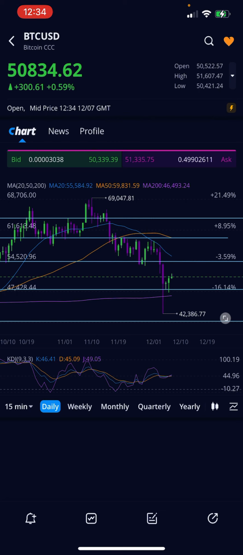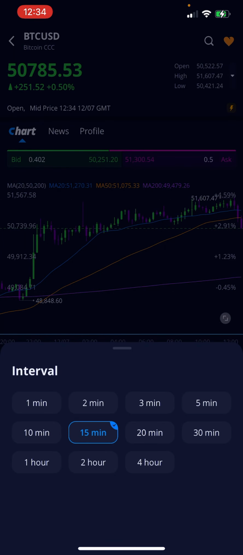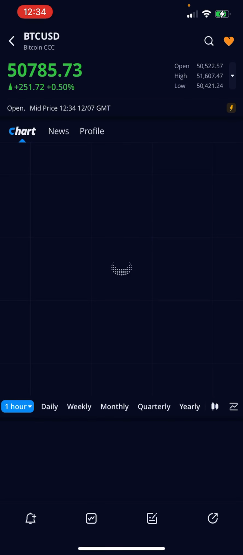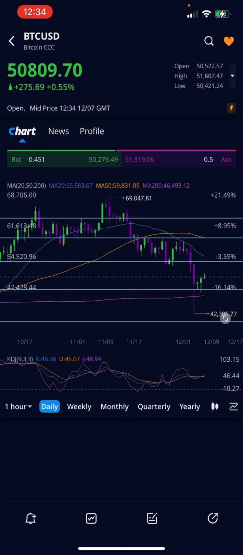Next, let's go on the hourly chart of Bitcoin. On the daily chart, we can see that we are now on the 3rd day of green, which is a bull sign.